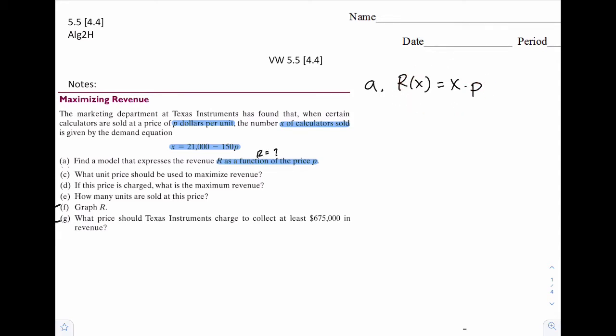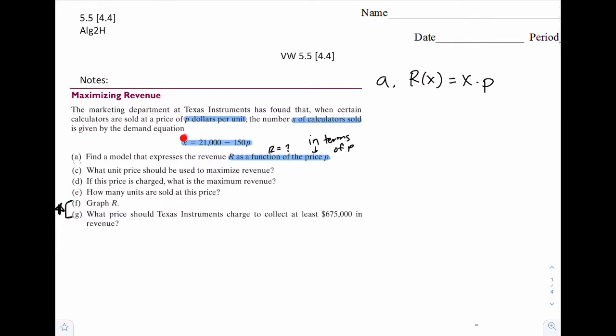Now it says as a function of the price P, what that would mean is in terms of P. Luckily, if you look at this, we have a substitution. X is 21,000 minus 150p. So plug that in. R of X is equal to P, let's plug in for X, 21,000 minus 150p.